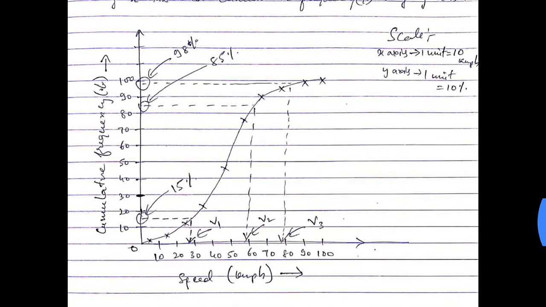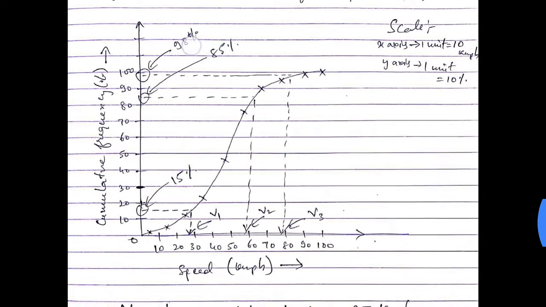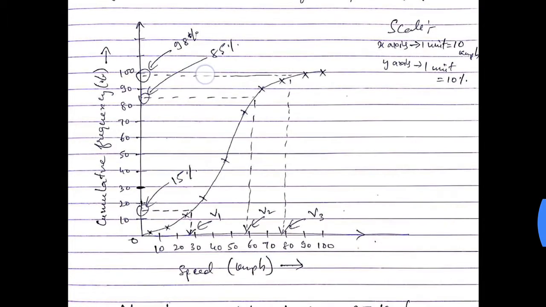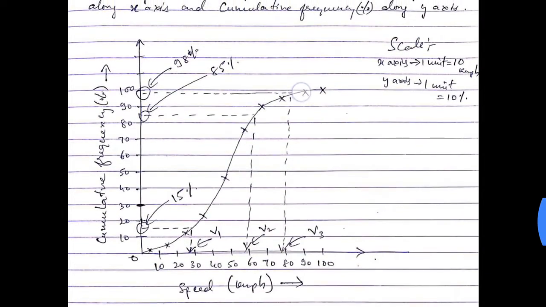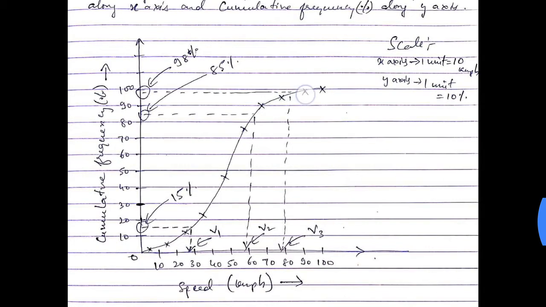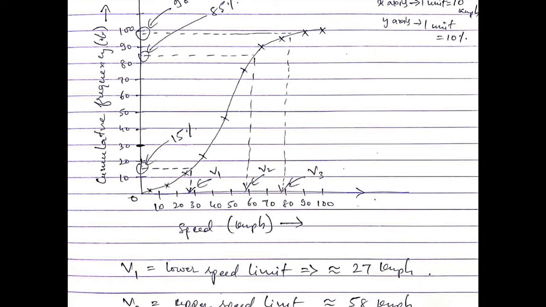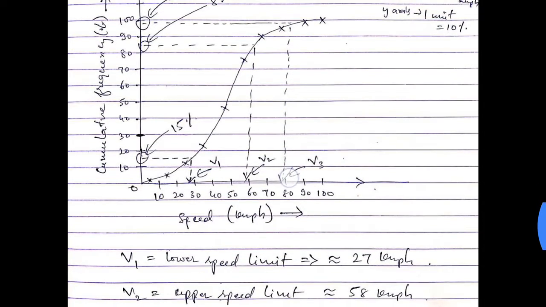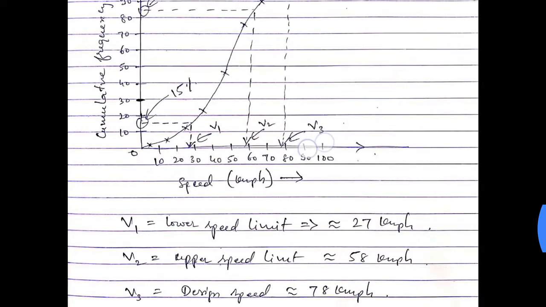What you need now is the design speed. For design speed we take 98%. You locate 98% here, take a horizontal towards the curve, cut the curve at a point, then drop a perpendicular. It will intersect the x-axis at this point. Reading this value, it is around 78 kmph.